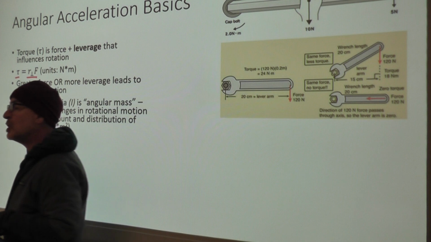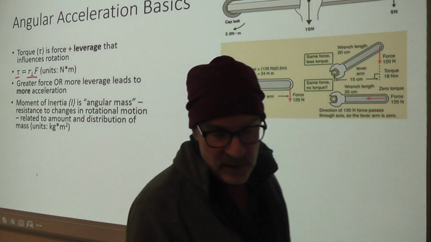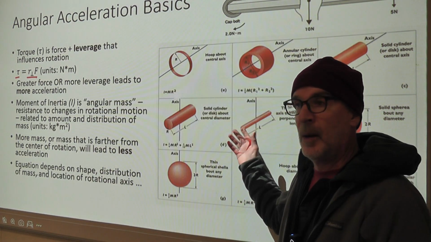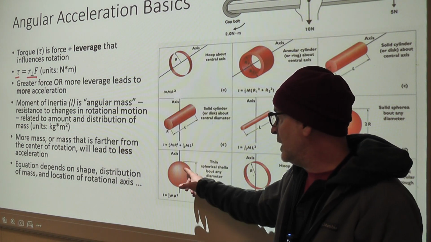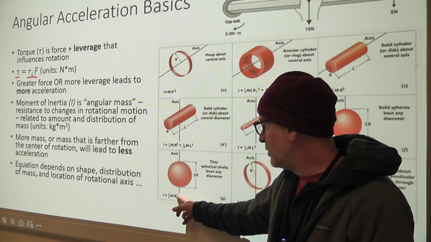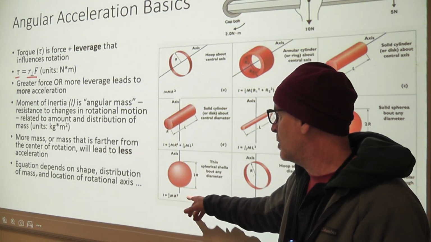And so in order to know an object's moment of inertia, we have to be able to determine how much mass it has and where all of that mass is located relative to the object's center of rotation. Sometimes we can do that with a relatively simple formula, and you can look it up. So if we have a sphere that's uniform, and we know its mass, and it's rotating right through the center, then we have a formula that we can use to calculate its moment of inertia.